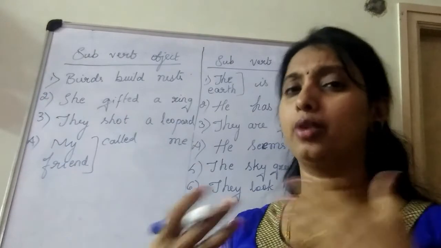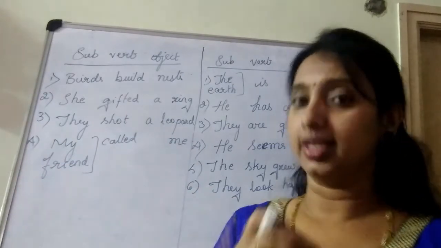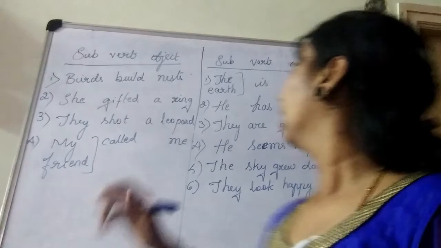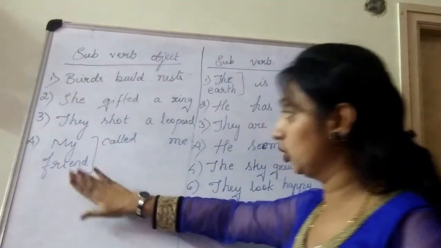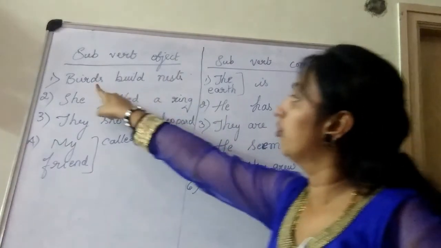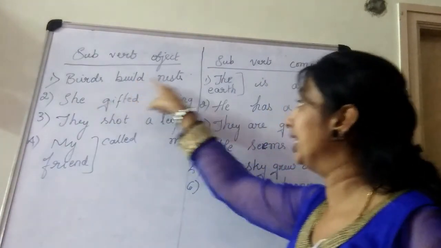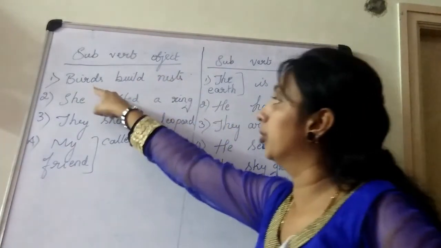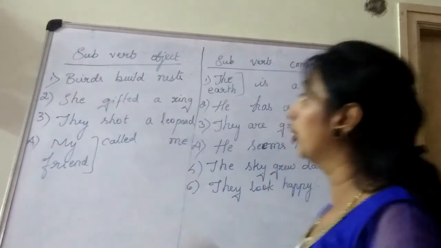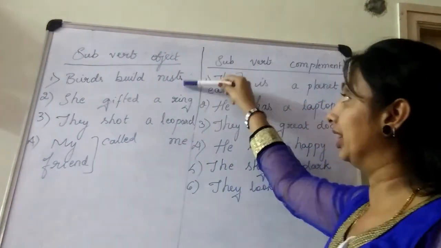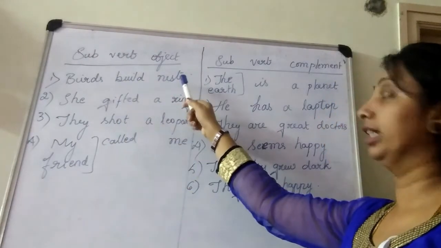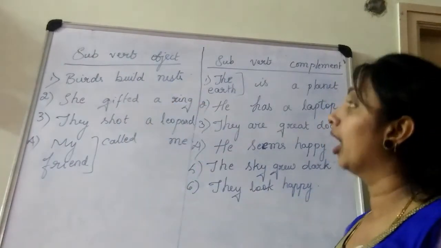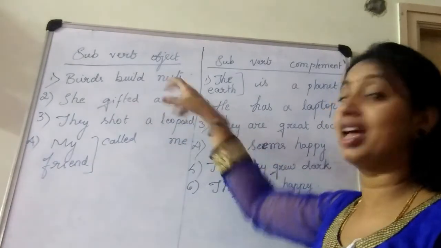So how to find out these two? Let's see that and understand today. Subject, verb, object. So in these sentences, we get objects. First sentence, birds build nests. Birds is a subject, build is a verb, nests is an object.